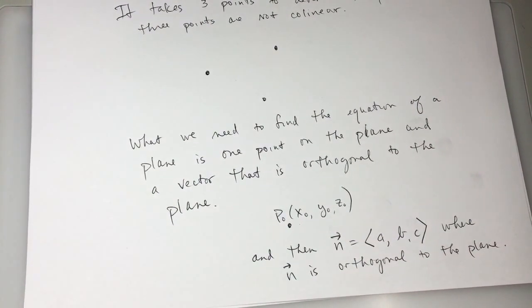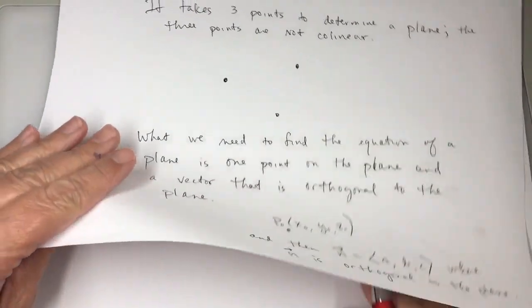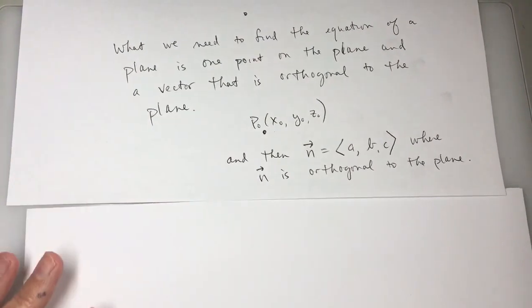Now there's something kind of interesting about N. If N is orthogonal to the plane, then N is orthogonal to every vector in the plane. So you might want to think about that for just a minute.